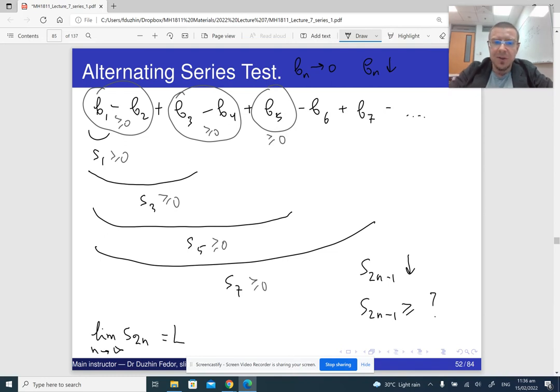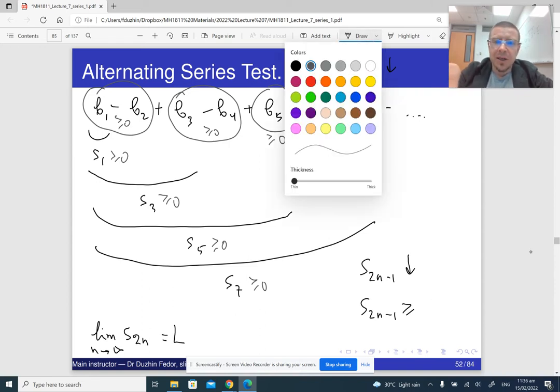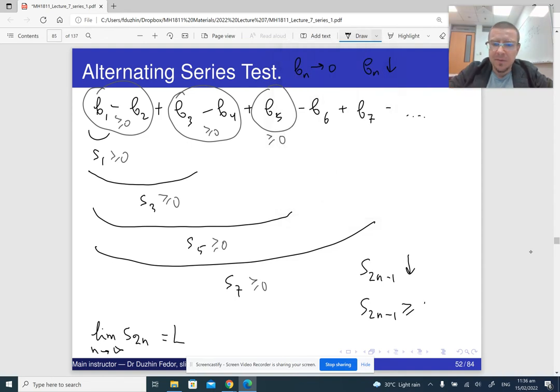So you can continue in the same fashion, and by doing that, you will see that all odd partial sums are non-negative. The important thing is that they are bounded from below. So the sequence is decreasing and bounded from below, which means by the monotone convergence theorem that it has a limit.